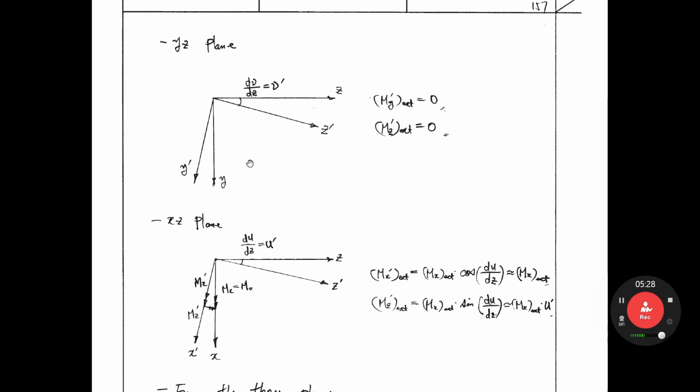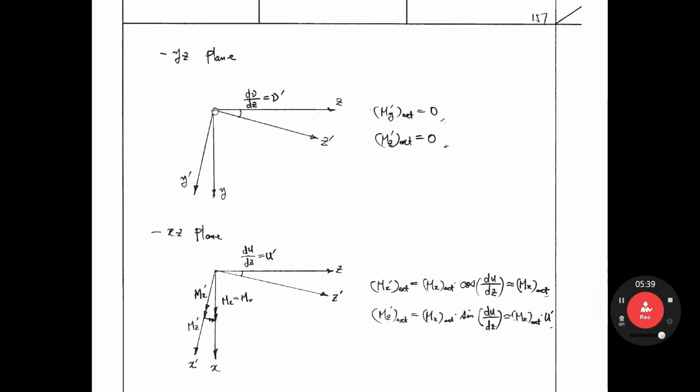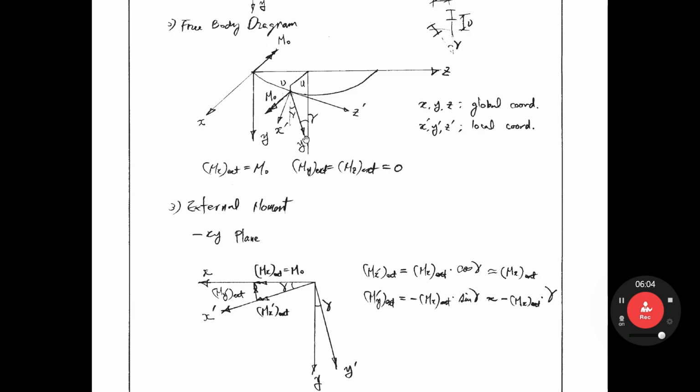Let's draw the external moment here. Do you have my external or mz external? No, you don't have. So the local moments my prime external, mz prime external must be 0 in this YZ plane analysis. How about the XZ plane?